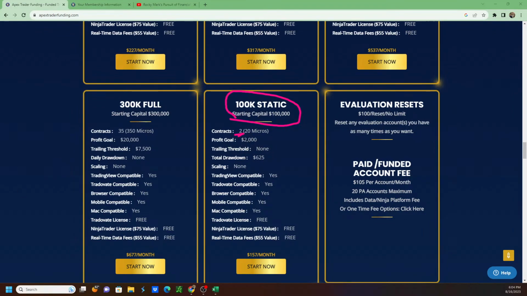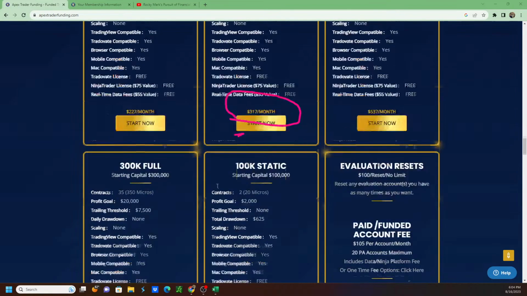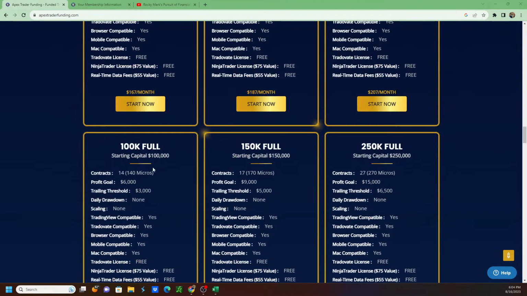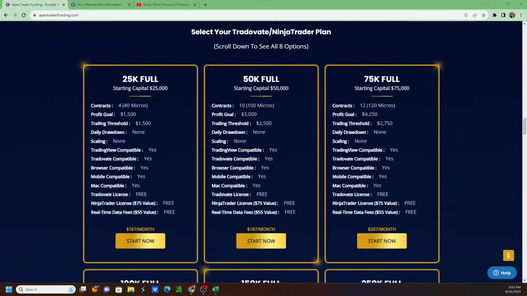Basically I picked that one, and the other one that I did pick was the 50K full account. The difference with this one is a profit goal of 3,000 and a trailing threshold of 2,500. So I just wanted to do a quick summary on that because I'm pretty happy to say that I was able to meet the profit goal of $3,000 after 3 days.